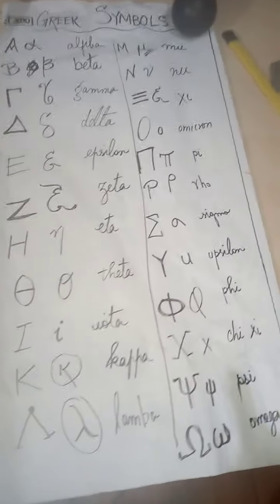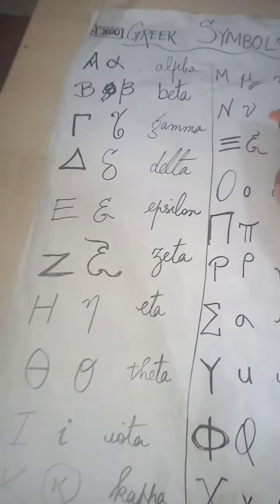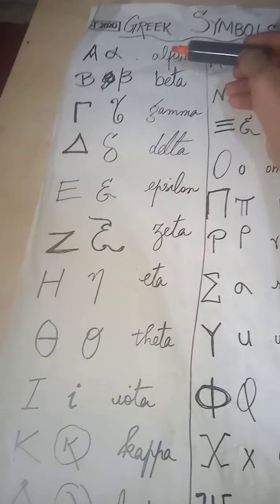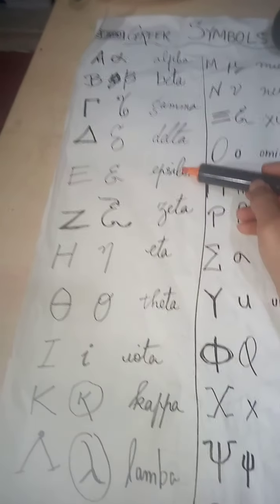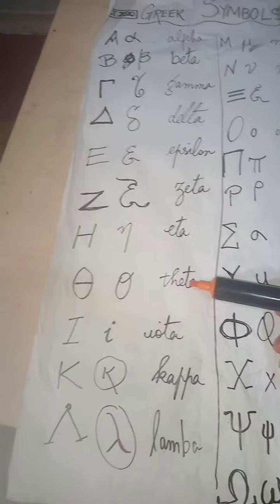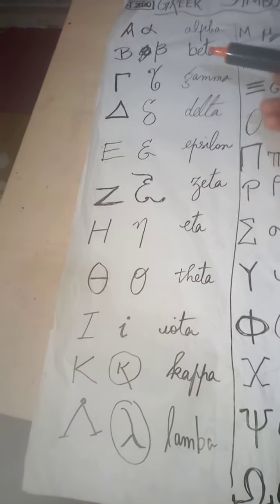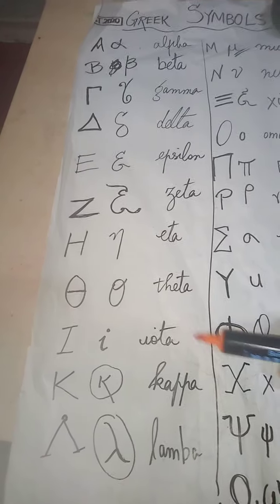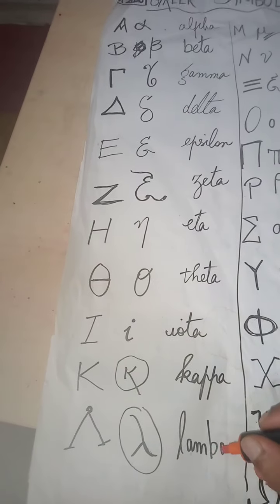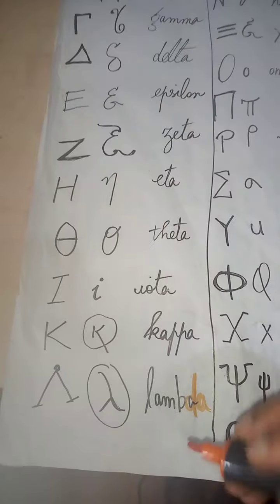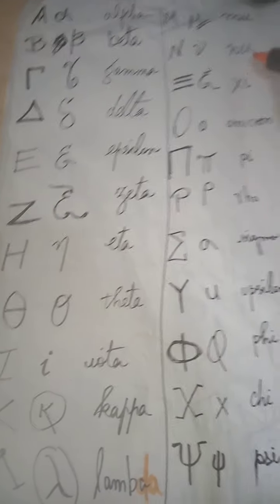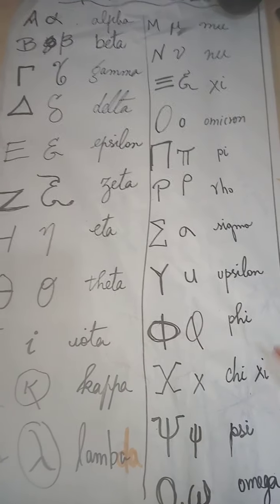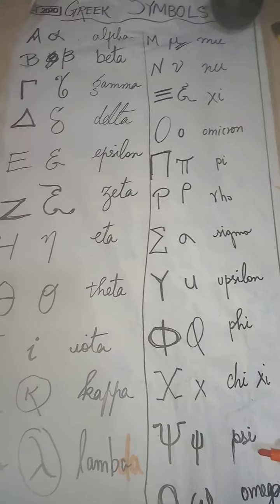So, Greek symbols. The first one is alpha, followed by beta, gamma, delta, epsilon, zeta, eta, theta, iota, kappa, lambda, mu, nu, xi, omicron, pi, rho, sigma, upsilon, phi, chi, and then psi, and then omega.